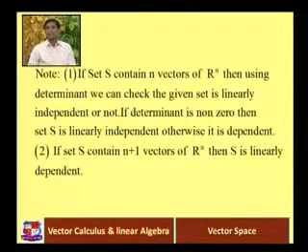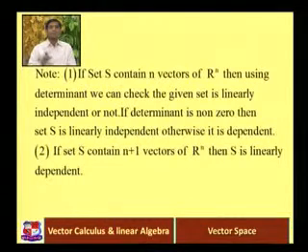Okay. So just keep in mind that you can use this statement in an example only in that case where the number of vectors is exactly the dimension of the vector space. That means in particular here Rn. Okay. So the dimension of Rn is n.